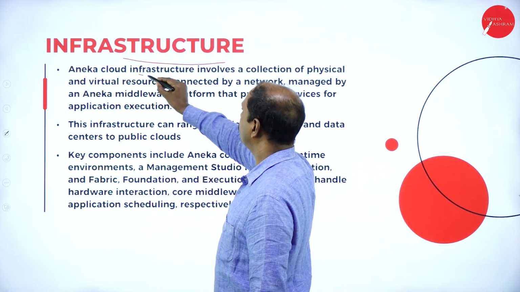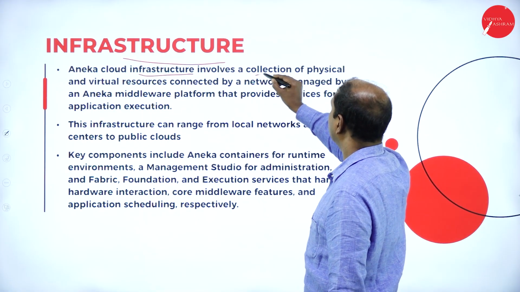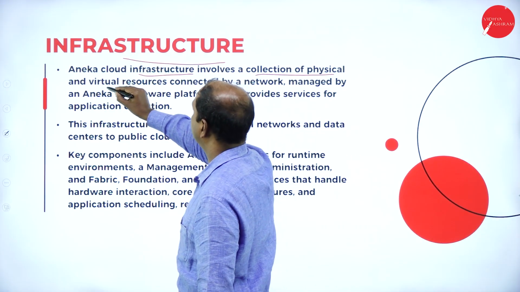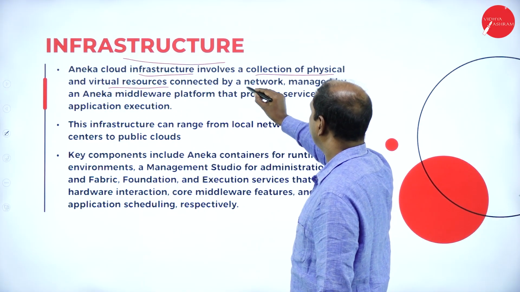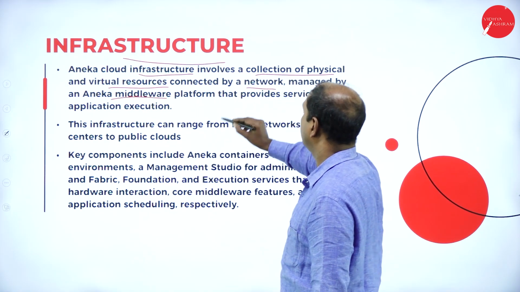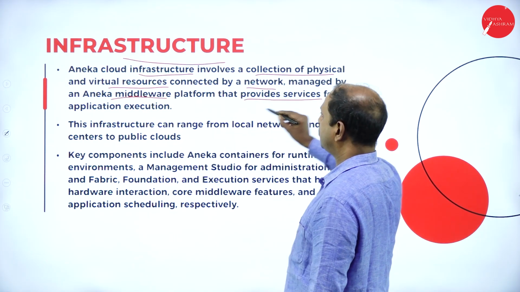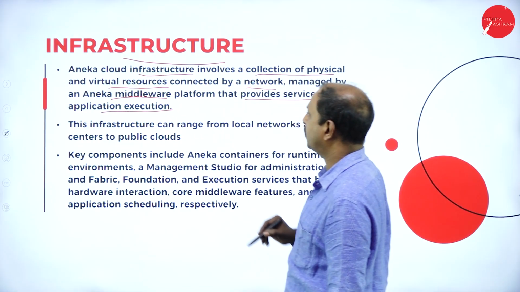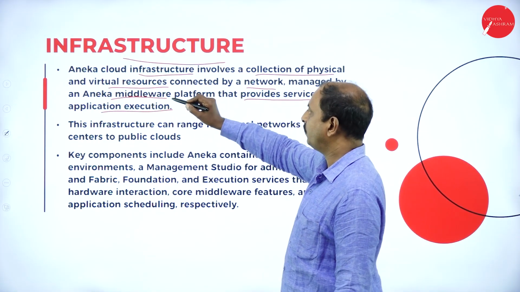The Aneka cloud infrastructure involves a collection of physical and virtual resources connected by a network and managed by the Aneka middleware platform that provides services for application execution. So this is the infrastructure layer.